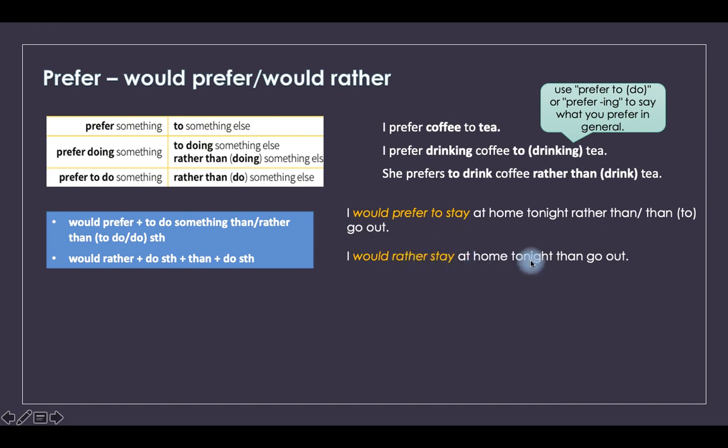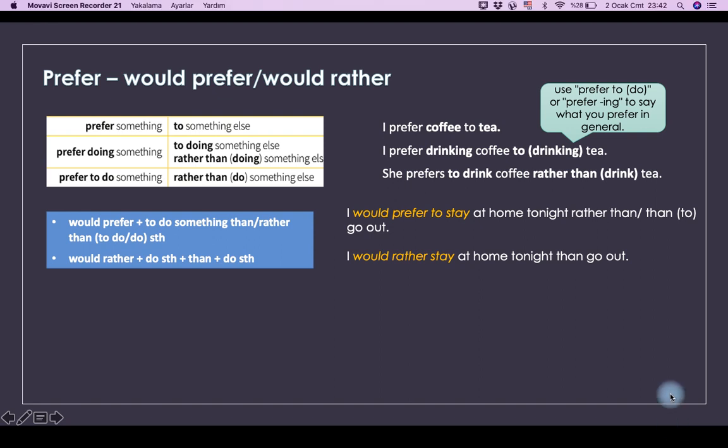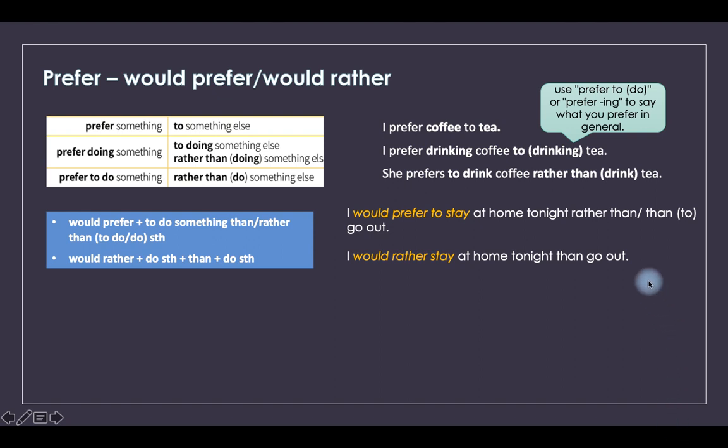I would rather stay at home tonight than go out. So in Turkish, you can say something like bu gece dışarı çıkmaktansa evde kalmayı tercih ederim. So would rather, prefer, well, would prefer. We use them for preferences, tercih, right? Preference means tercih in Turkish.